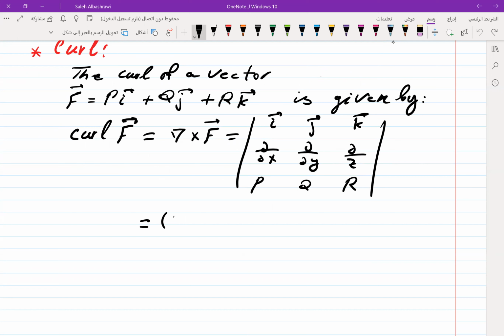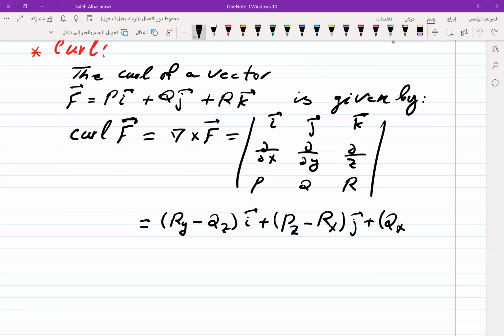If we just compute it, it will be R sub y minus Q sub z i plus P sub z minus R sub x, the partial derivatives, j plus Q sub x minus P sub y k.